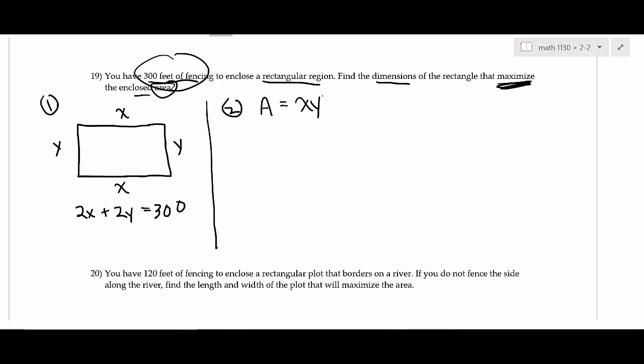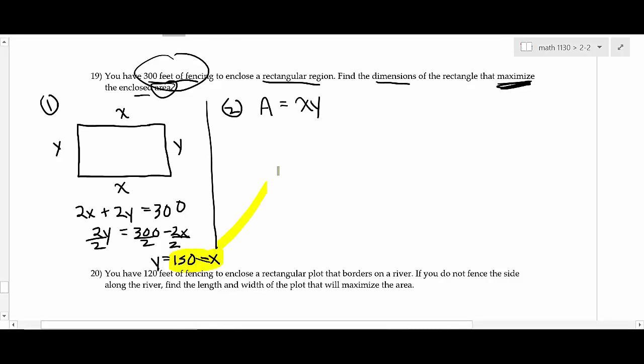Then we have to go to our graphing calculator. So we take this equation: 2y equals 300 minus 2x, divide by 2, so y is equal to 150 minus x. Since that's y, you want to plug that in for y right there.